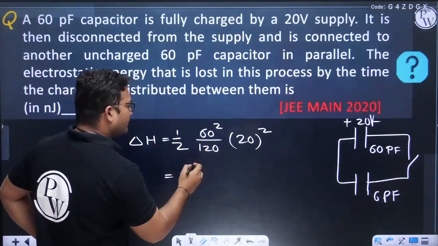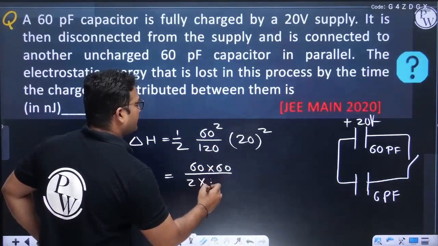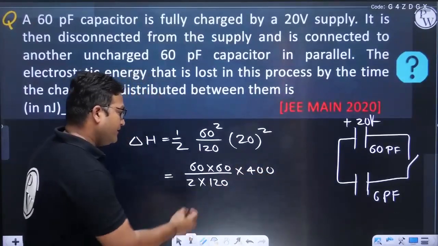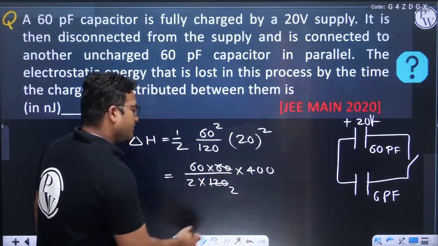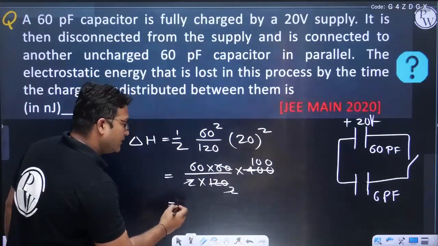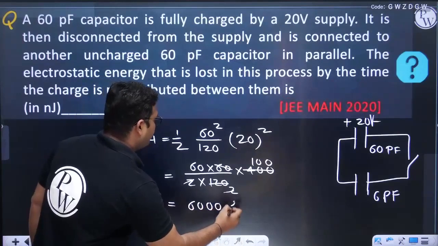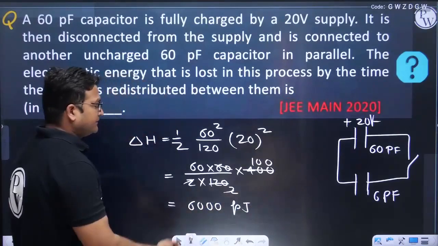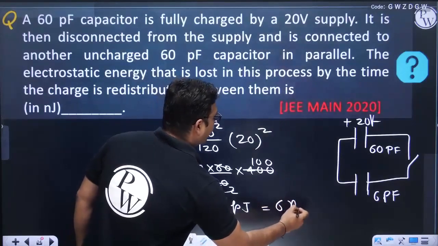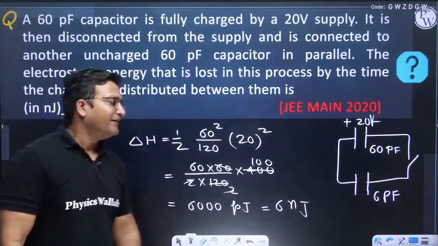We have 60 multiplied by 60 divided by 2 times 120, multiplied by 400. So we have it equal to 6000 picojoule, and 6000 picojoule will be equal to 6 nanojoule. So the correct answer is 6, right? Over to next question.